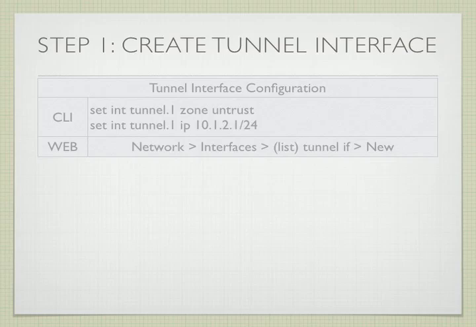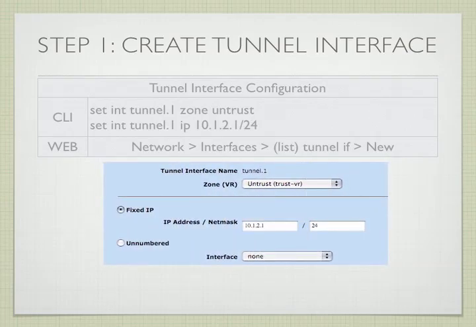This is also under interfaces in the web area, so you're going to select the pull down list to say tunnel interface and create a new one, and you are presented with placing it into a zone, giving it an IP address, or making it an unnumbered one and telling it which interface the tunnel will be associated with. So the tunnel interface is just like every other interface on the device and configured using exactly the same commands.